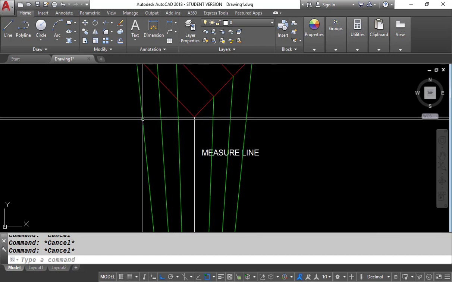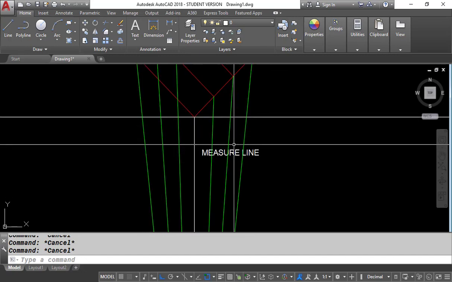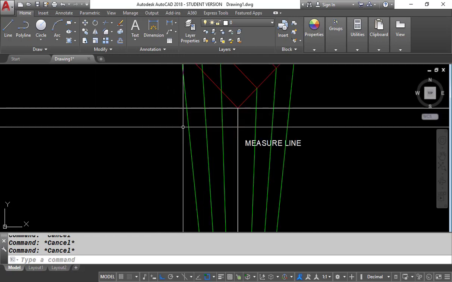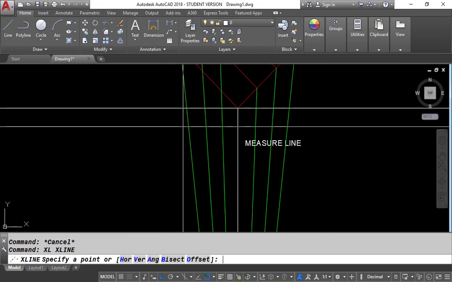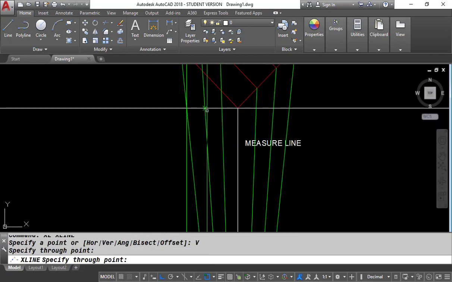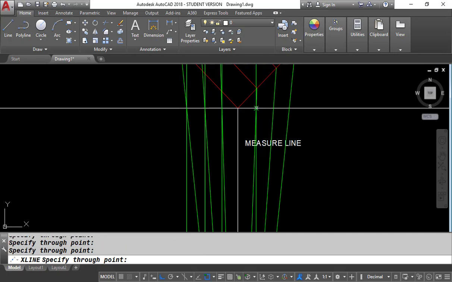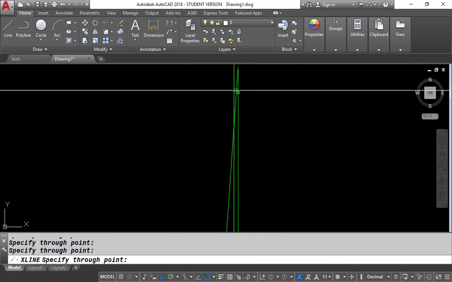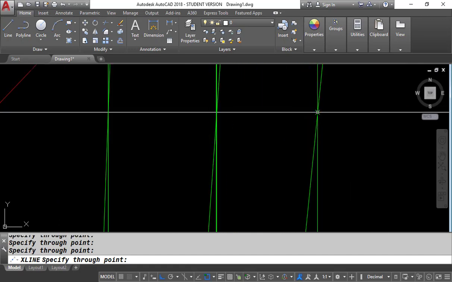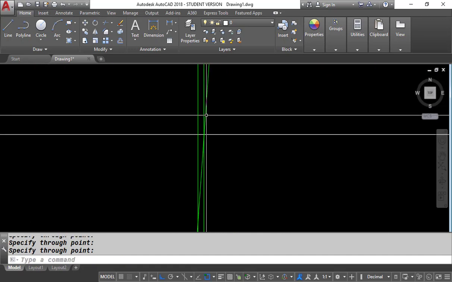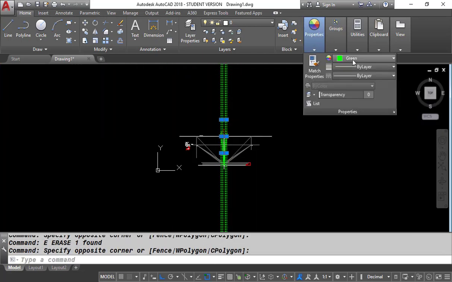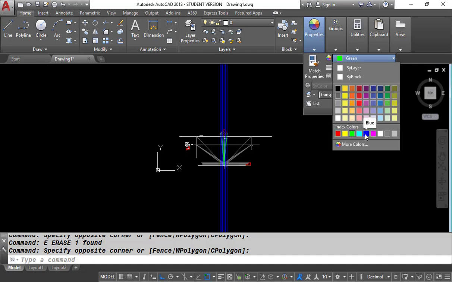Now after that, you have to draw the vertical line from this picture plane. So I will draw the vertical line. And I will change the color of the vertical line so that you will be able to understand.